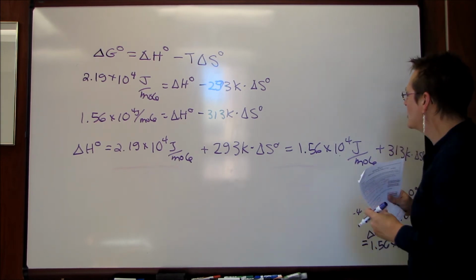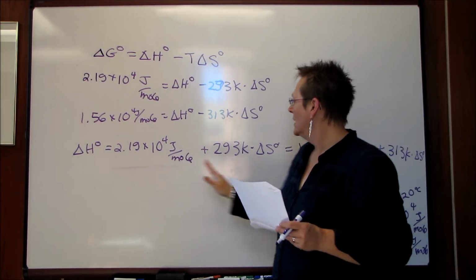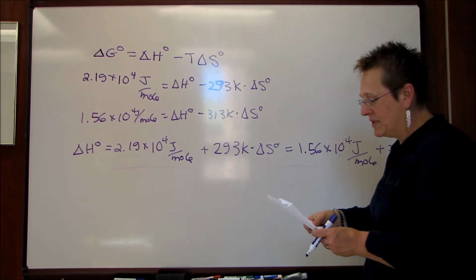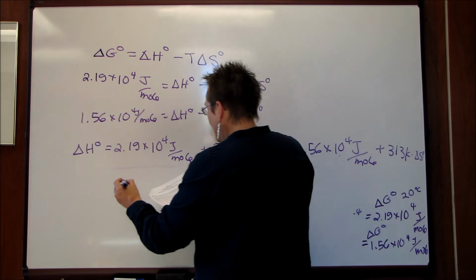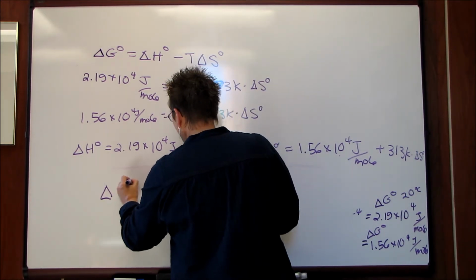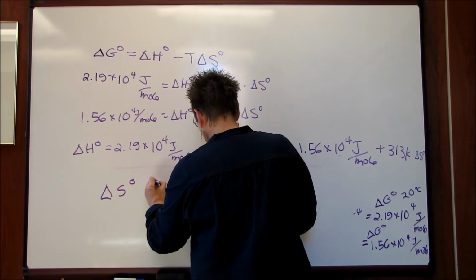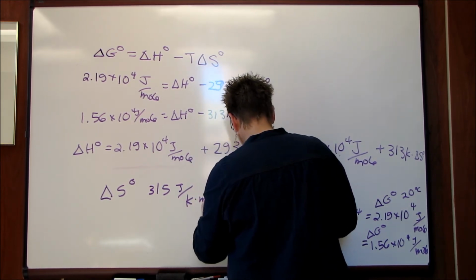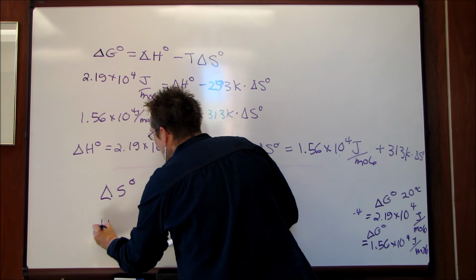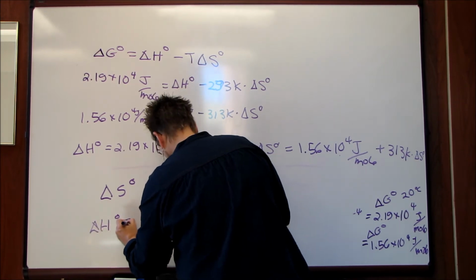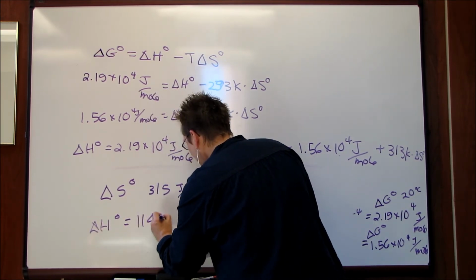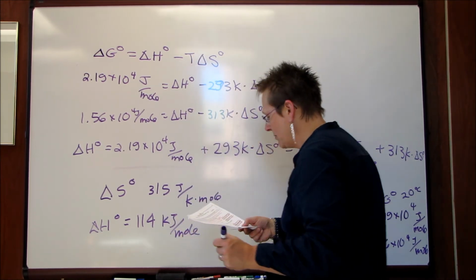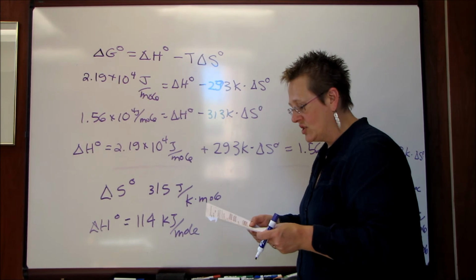So what you do here is just put all the numbers on one side, all of the delta S on the other, divide out the temperature, and what you are going to get is a delta S naught of 315 joules per Kelvin mole, and a delta H naught of 114 kilojoules per mole, or 114,000 joules per mole. Okay, so that's two equations and two unknowns.